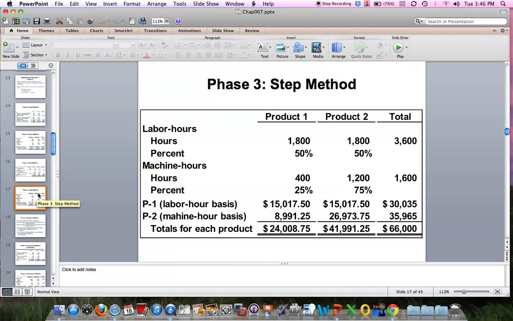Phase 3 of the step method, let me say that right so as not to confuse you, is then to finish the allocations down to product. And this should look fairly familiar from the direct method. The hours, the percentages for hours, the machine hours, the percentages for machine hours, those are all the same as they were for direct. But now we're taking the 30,035 and the 35,965 that we received out of the previous slide.